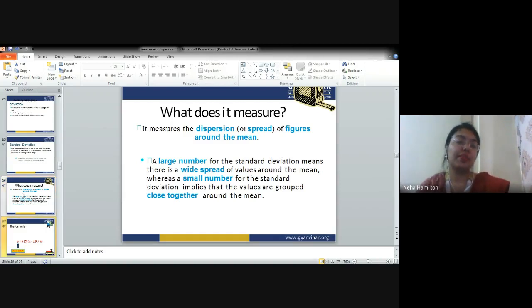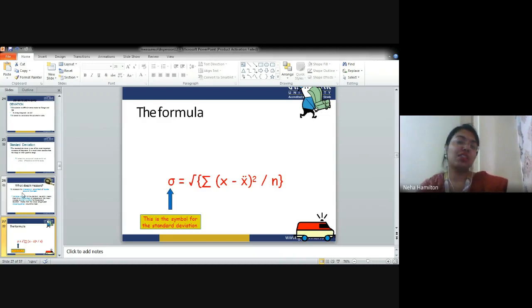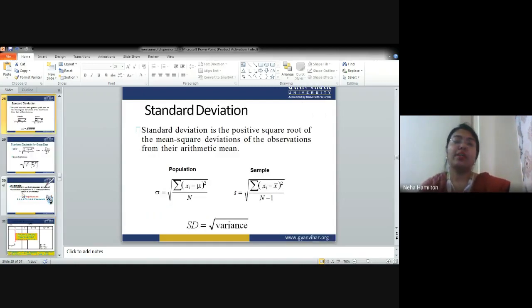This is the formula of standard deviation that we have to remember: square root of summation x minus x bar, where x bar stands for the total average, whole square, divided by n, the total number of observations, and brackets close. Right? This is the formula of standard deviation for population and sample.